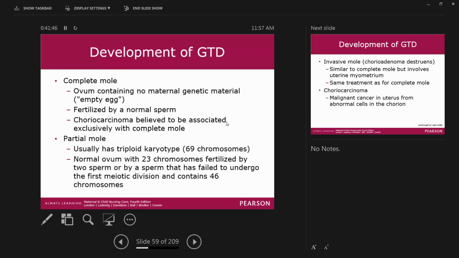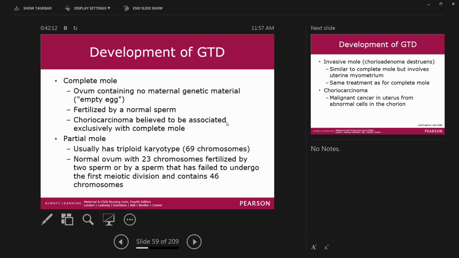And then with the partial, we have a normal egg with normal genetic material, and then either 2 sperm fertilize that egg, which is not supposed to happen. And so now we have 2 sperm with a total of 46 chromosomes fertilizing a normal egg with 23.